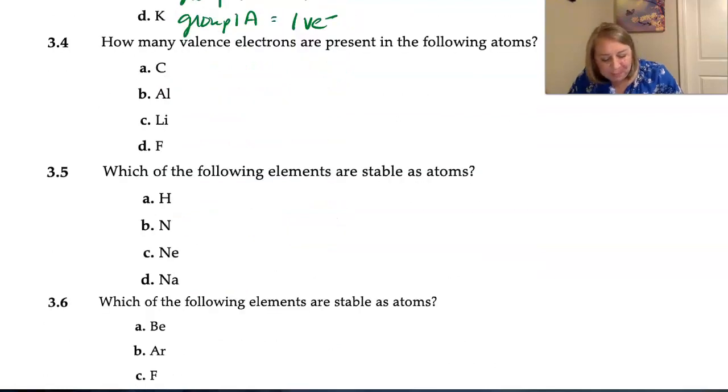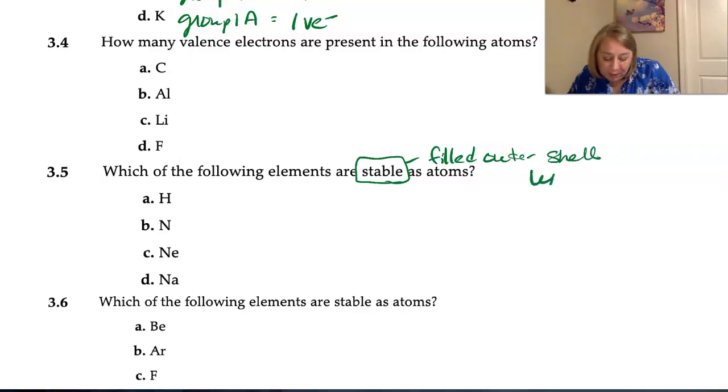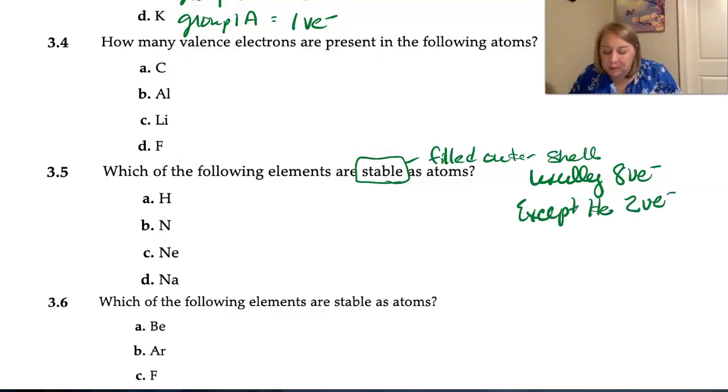Okay. Which of the following elements is stable as atoms? So when we say stable, what are we talking about? Filled outer shell. So remember, that's usually 8 valence electrons, except for helium, which is happy with 2 valence electrons.